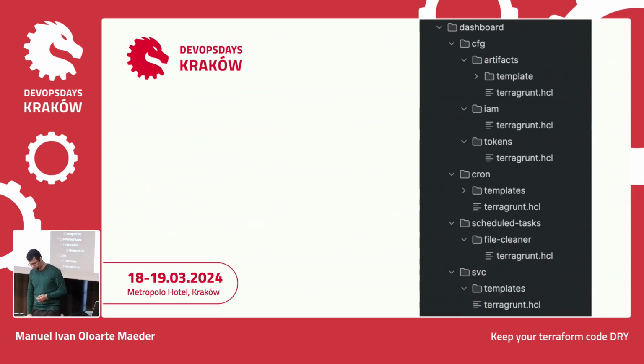And so, if we had used the original approach, which is also described by Terragrunt, our repo would have looked like this, like our dashboard service. We would have for each resource this Terragrunt file. And within this Terragrunt file, there will be a reference to some module, to some template, whatever.